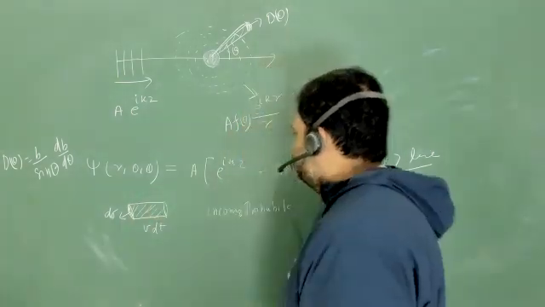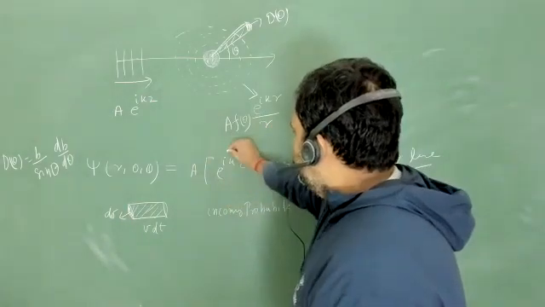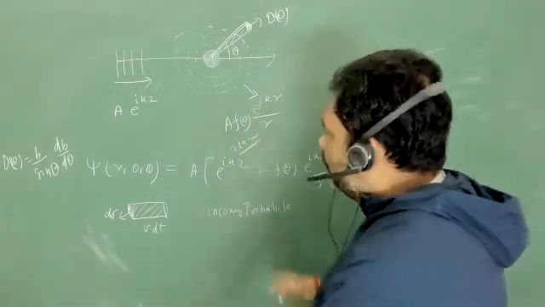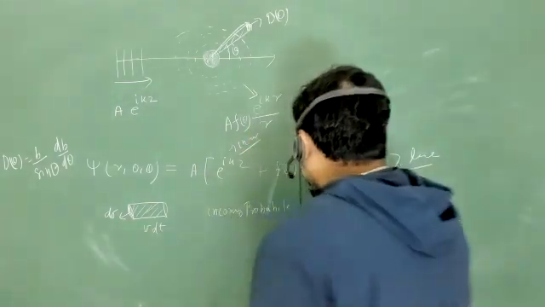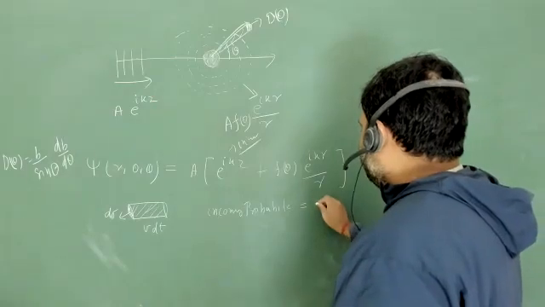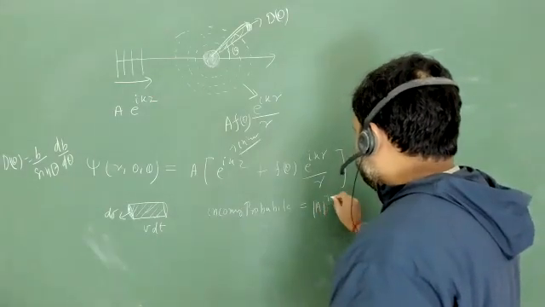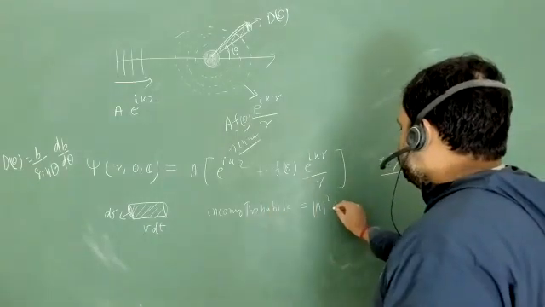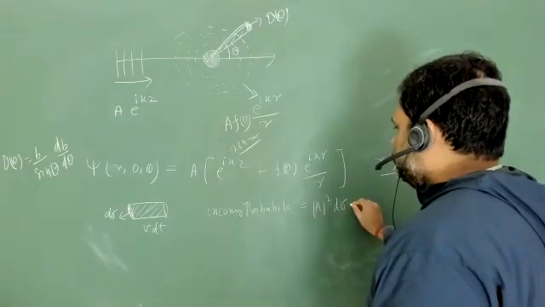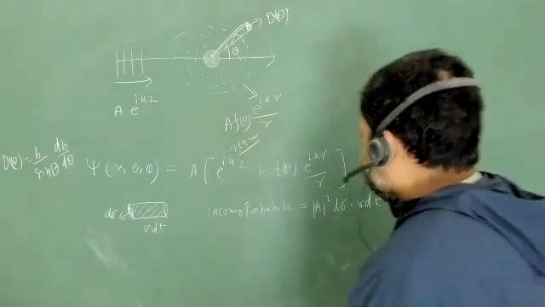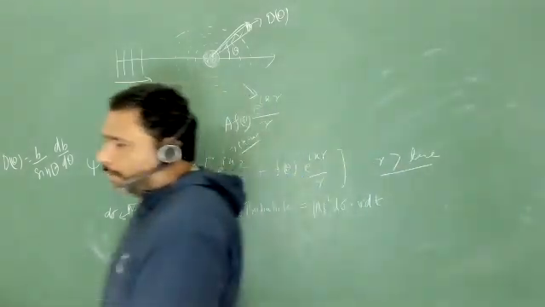This is your incoming wave, isn't it? So you have to multiply with this volume. And what is this volume? Mod A square is your probability density, times the volume. The volume is d sigma into v dt. This is your incoming probability of a particle.